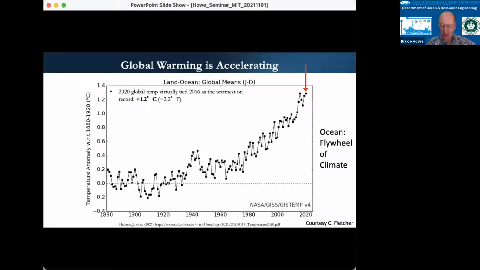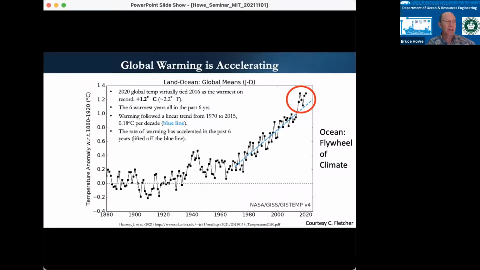Global warming is accelerating. We're at 1.2 degrees or so warmer than pre-industrial, and the last 6 years have been the 6 warmest years on record, and the trends are steepening in these last 6 years, and effects like El Nino and La Nina will affect this as well.